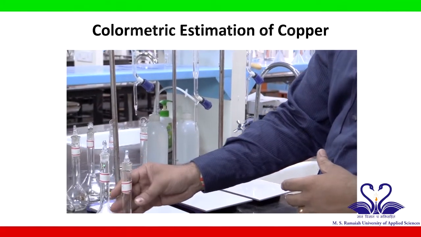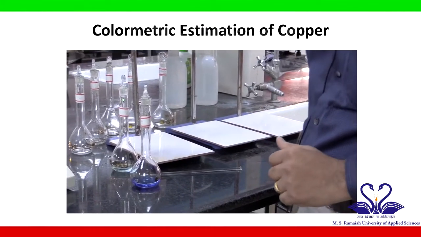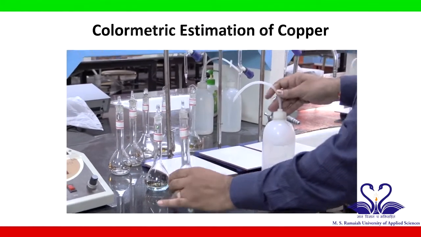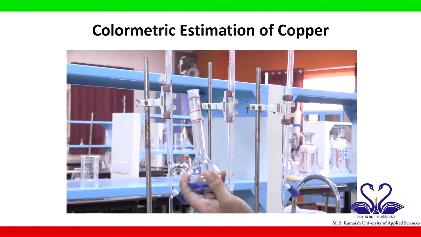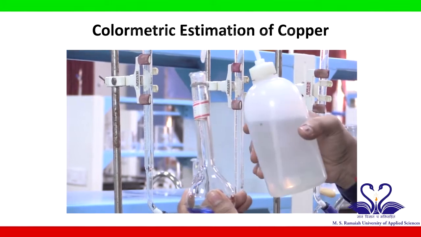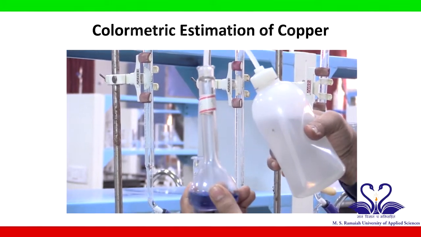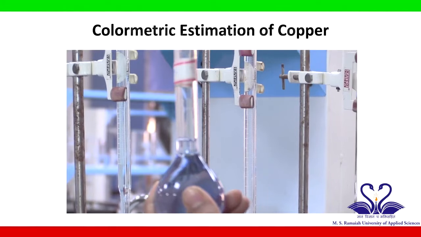So you have to make it up to the mark using the distilled water. So, up to the mark, this is the mark, you have to use the distilled water. Up to the neck, you can use the wash bottle. So, it is up to the neck.